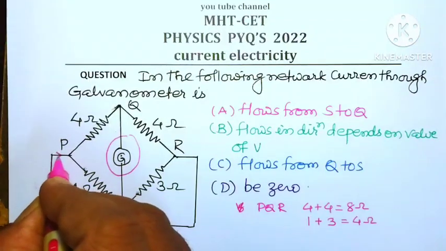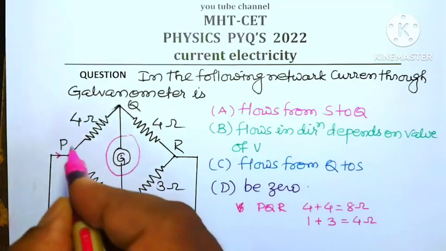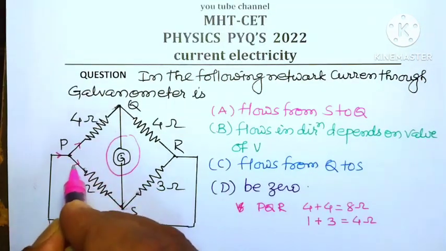Naturally, if I say that some current reaches the junction due to this source of EMF, that current gets divided into two parts.